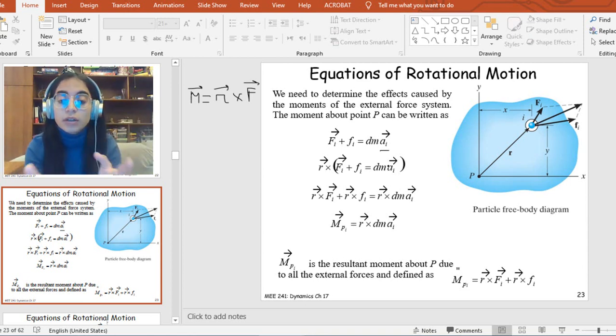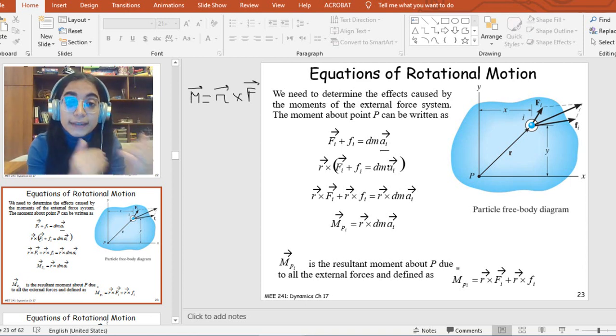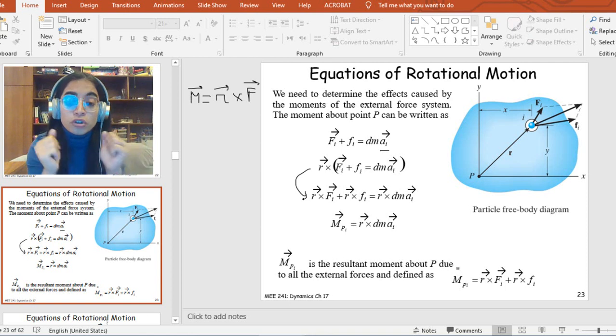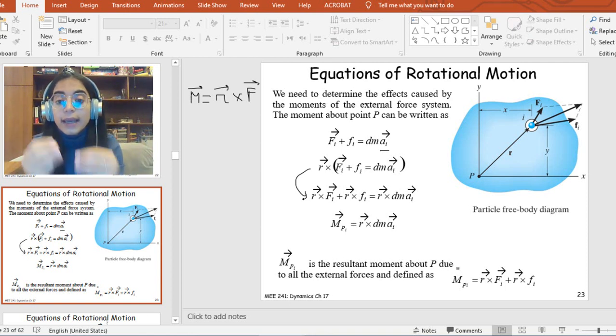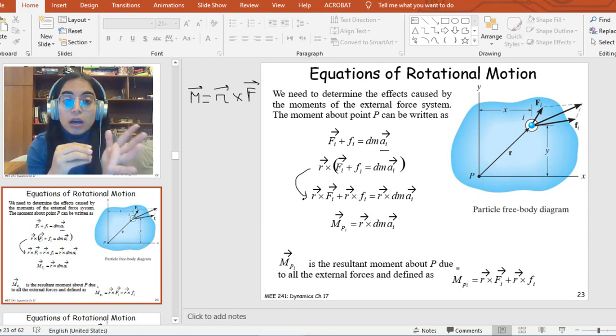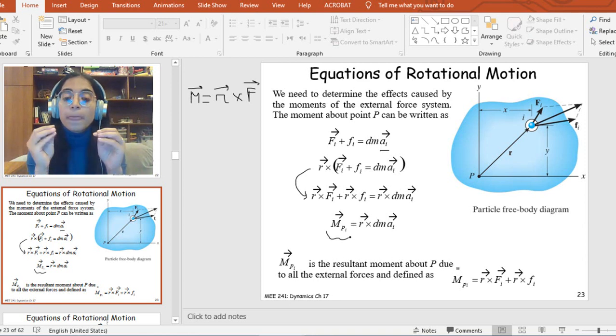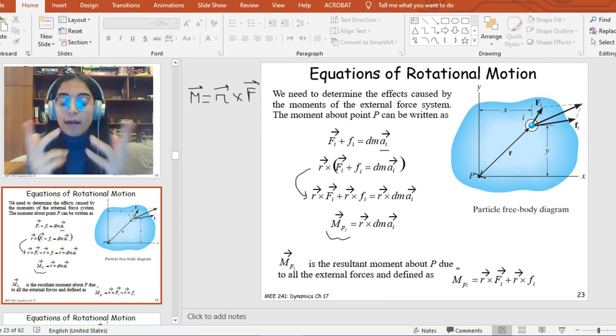Since the cross product is distributive, this will give me r cross F_i, which is the moment of the external forces, plus r cross f_i, and this will be equal to r cross dm times a_i. This means the resultant moment of this dm around this point P will be equal to r cross dm times a_i.